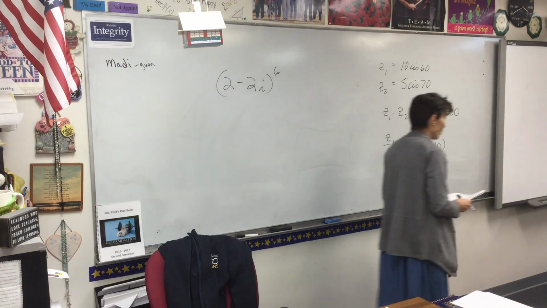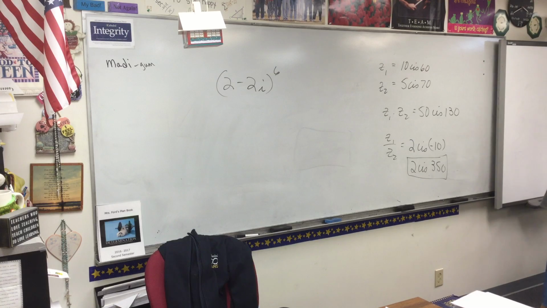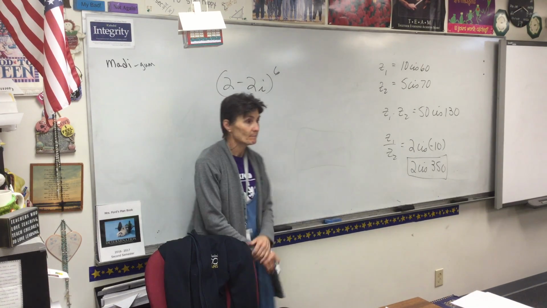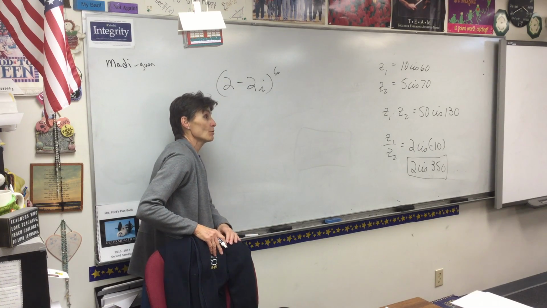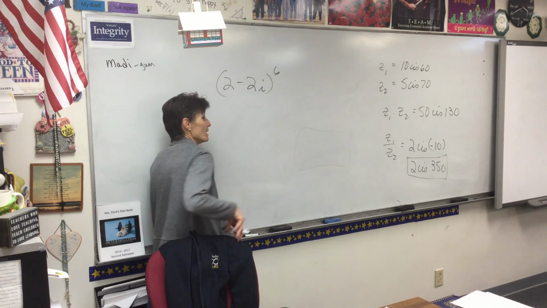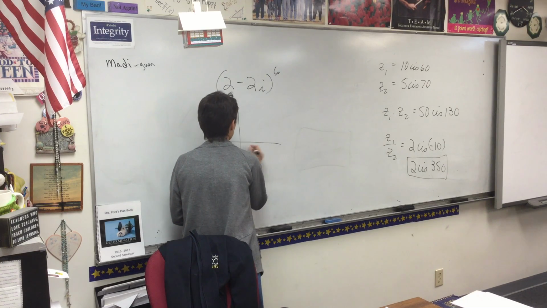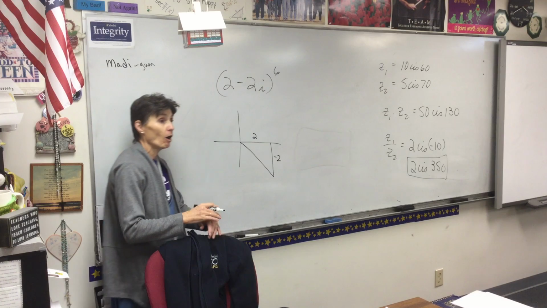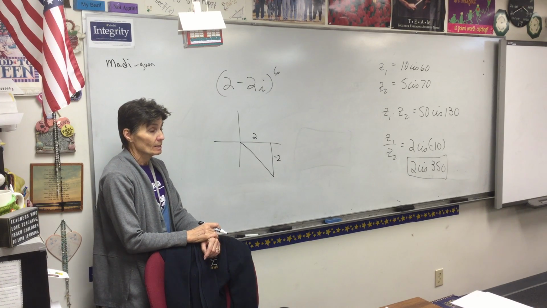All right, this is probably the hardest problem on the whole quiz, not because it's hard, but because it has a couple of steps to it. Draw a picture. The first thing we want to do is find our r and theta. Over 2, down 2, I'm going to find my r and my theta.